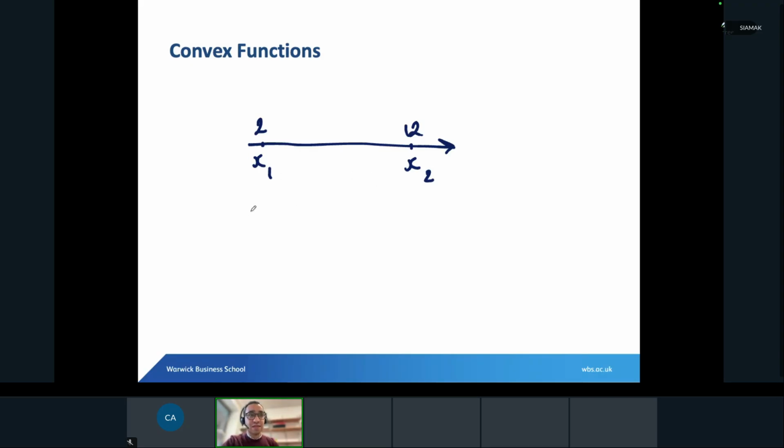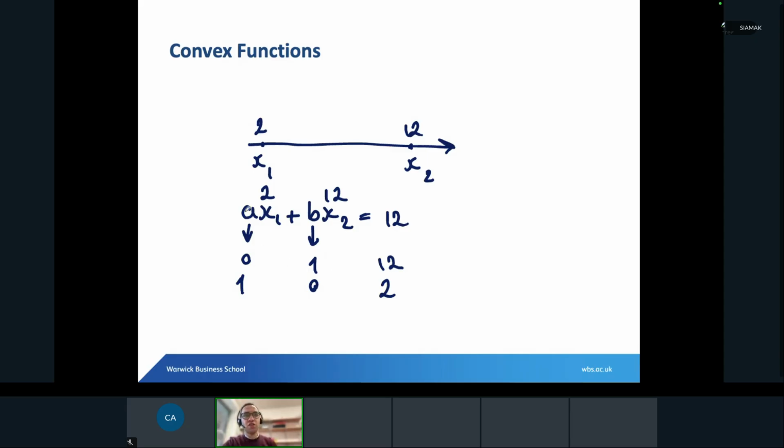How we do that is a·x1 plus b·x2. x1 is equal to 2, x2 is equal to 12. If I consider a as 0 and b as 1, I will get 12, which is this point itself. If you go the other way, with a as 1 and b as 0, you get 2.